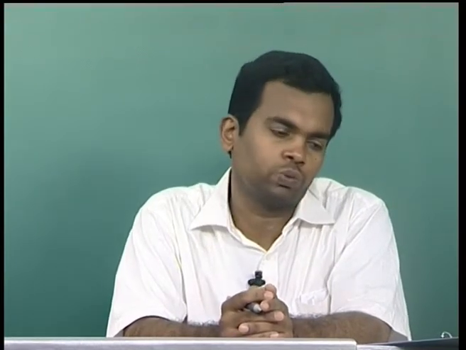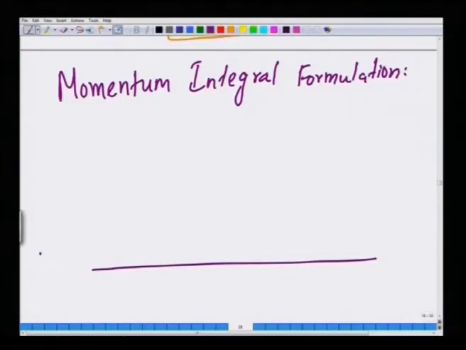So, we will remain content by using a rather approximate method, but which is deeply rooted in the physics of the problem, and that gives reasonably accurate results also. Okay. What we are going to do is to consider a flat plate, because remember the boundary layer is very thin. So, even if you have a curved geometry locally, that is going to appear like a flat plate on the scale of the boundary layer thickness.